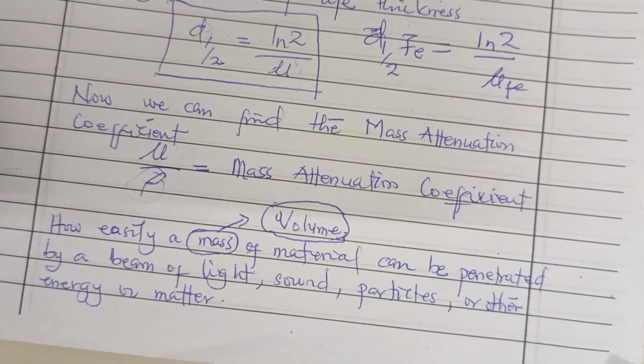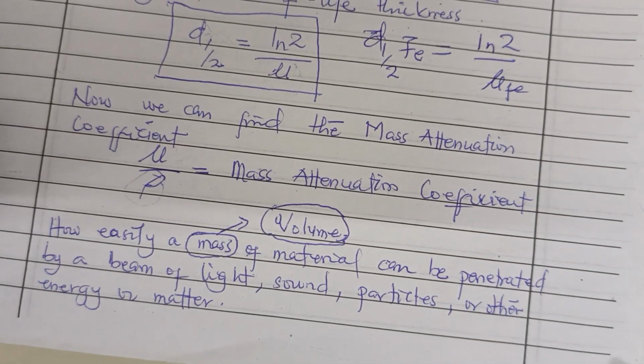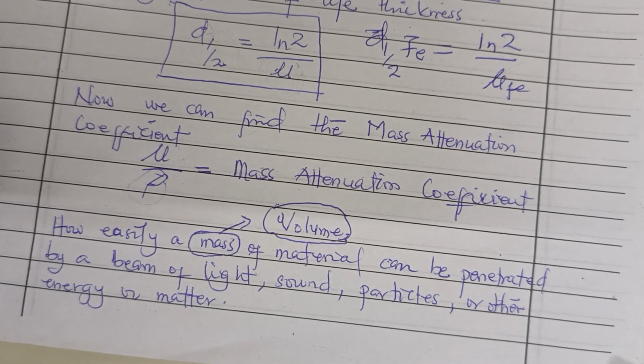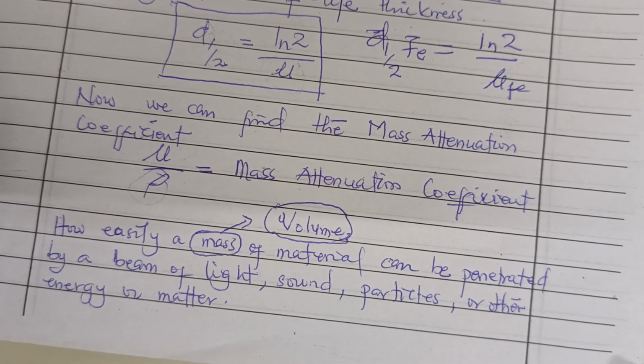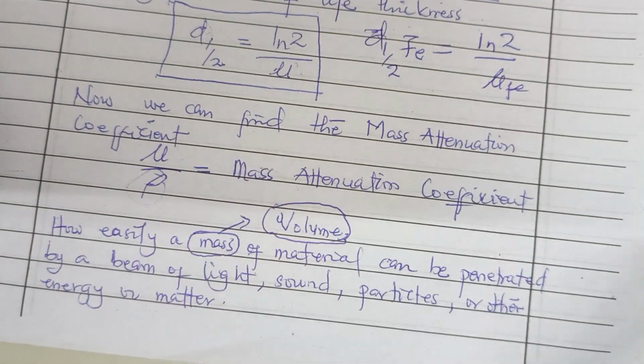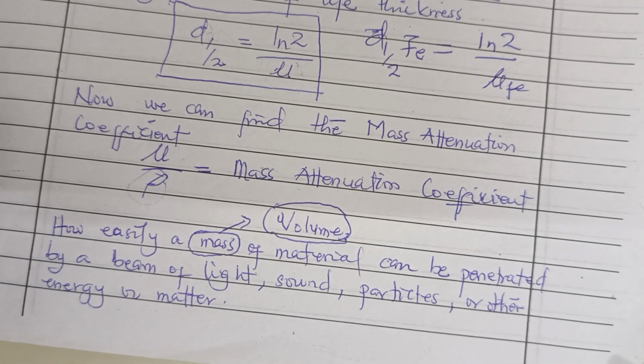The mass attenuation coefficient is how easily a mass of a material can be penetrated by a beam of light, sound, particles, or other energy or matter. In this case, we are using radiation from the cobalt 60 isotope.